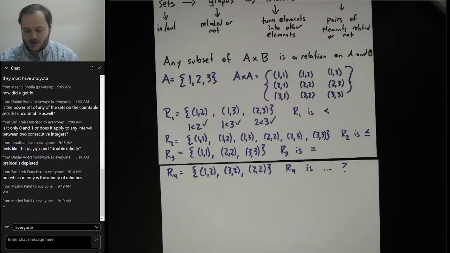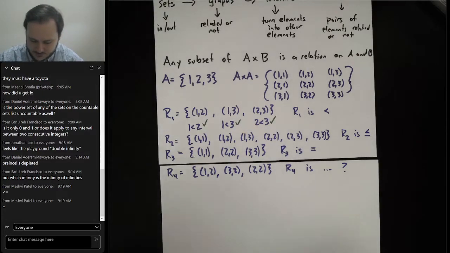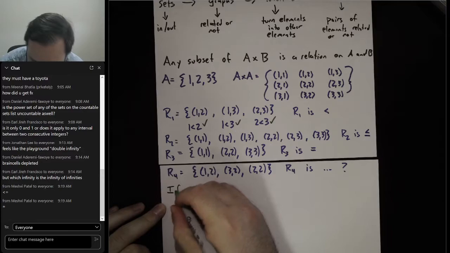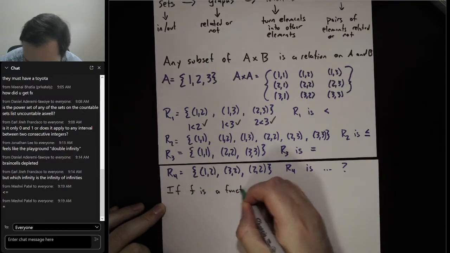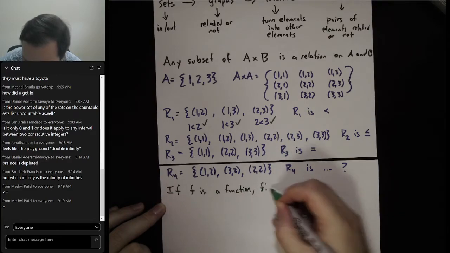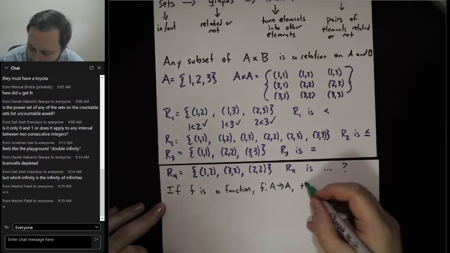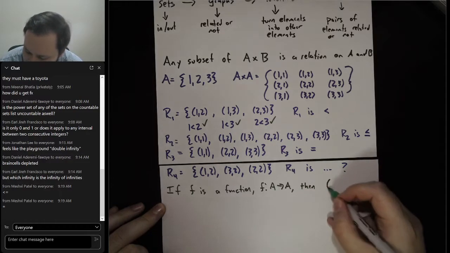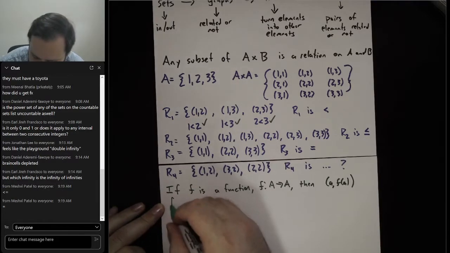They're a broad class. In particular, if f is a function from A to A, then the pairs (a, f(a)) form a relation.